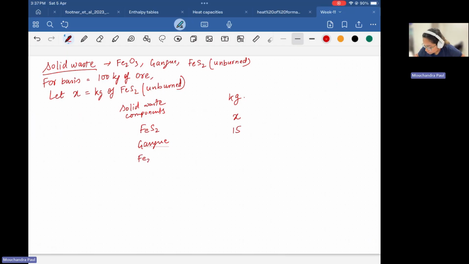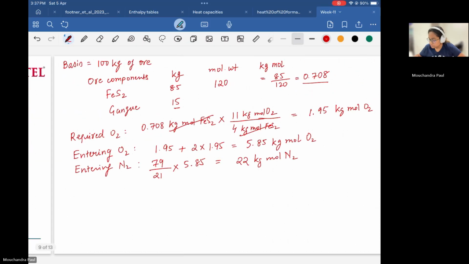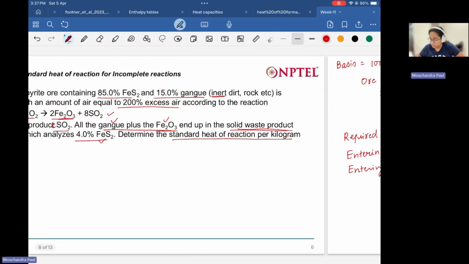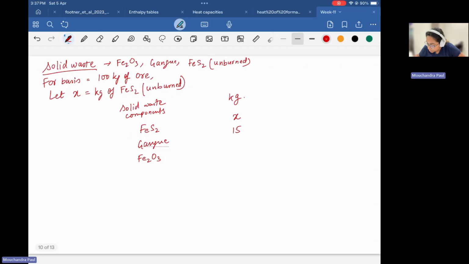What about Fe2O3, which is one of the products in this reaction? This you will have to calculate.